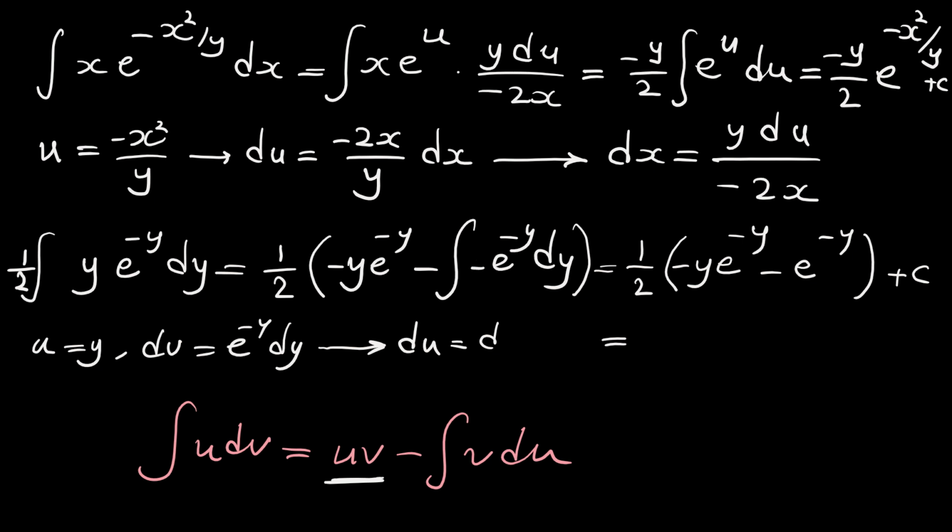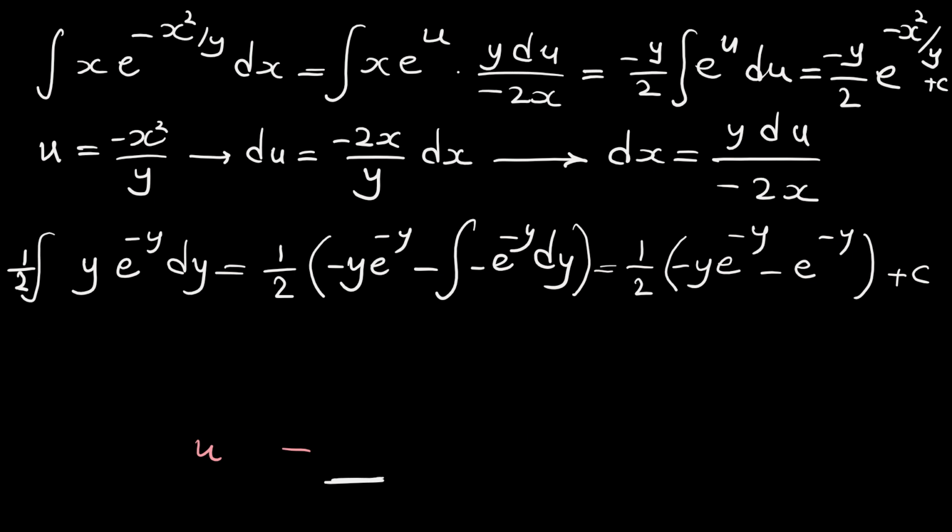Let me erase here so I can simplify my answer. Now if you pay attention, we can write this answer by factoring a negative from these two terms. The other thing that we can factor is e to the negative y.